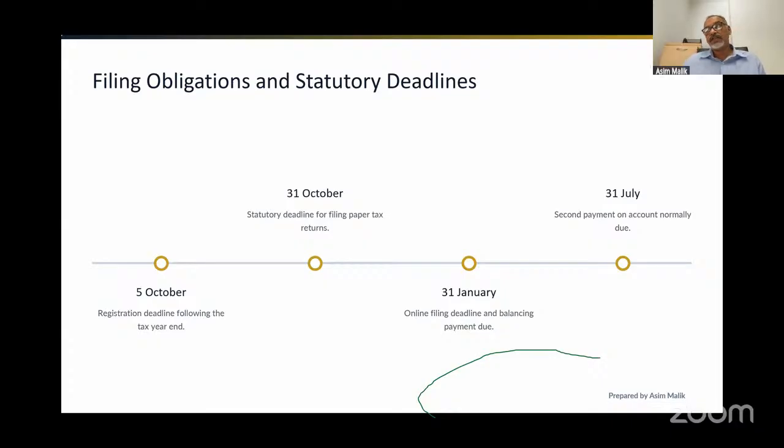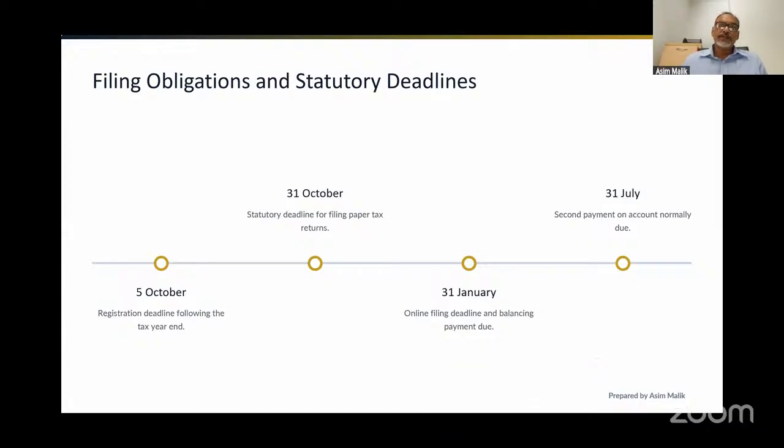31st of October is the deadline if you are submitting the tax return on paper. So there are different deadlines if you are submitting on paper or online. Again, a practical point: always try to do it online. It is much easier for you, and there's no risk of any delay or other issues.